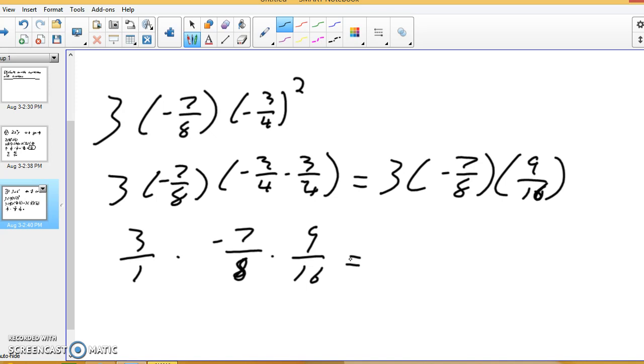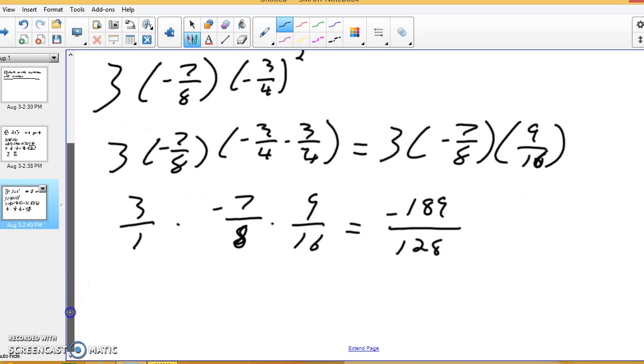But this will be 3 times a negative 7 times 9, equal to a negative 189. Then we have 1 times 8 times 16, equal to 128.